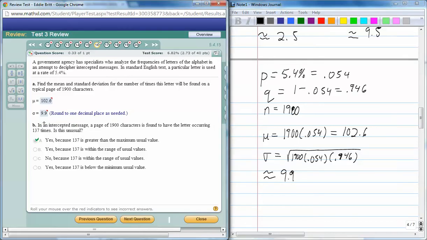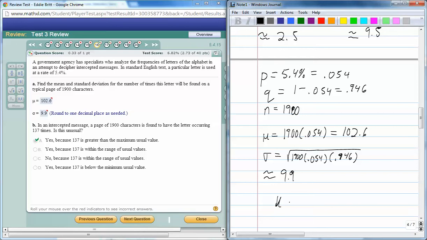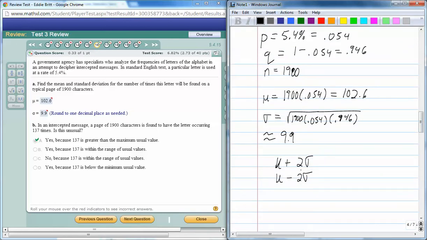In an intercepted message, a page of 1900 characters is found to have the letter occurring 137 times. Is this unusual? So what you need to do is find the minimum and maximum usual values: mu plus 2 times the standard deviation and mu minus 2 times the standard deviation. That'll be the maximum and minimum usual values.